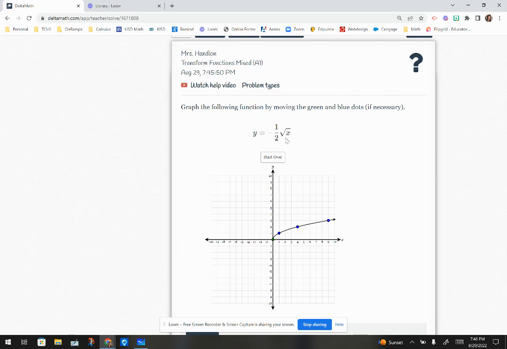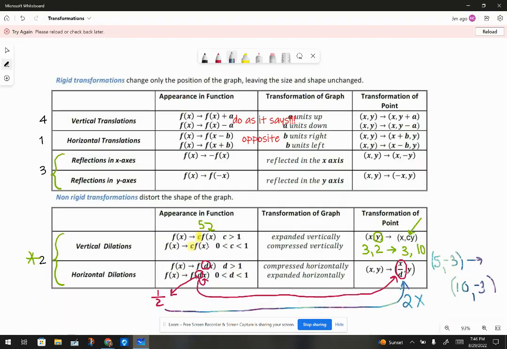Okay, so it's not directly in front of the X, it's in front of the entire function. So going back over here, just to make a point, you are looking at this one, okay? Our 1/2 is multiplying by the coefficient. It's not multiplying by the X, okay? So if we're multiplying by the function, I'm supposed to take that coefficient and multiply it by my Y. So let's go do that.